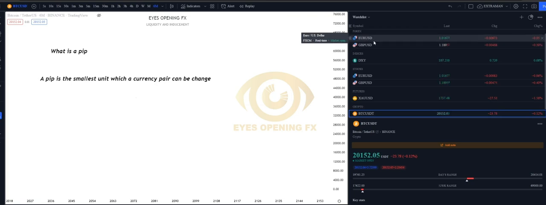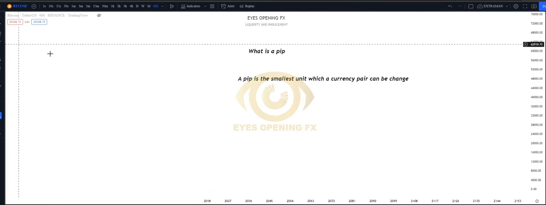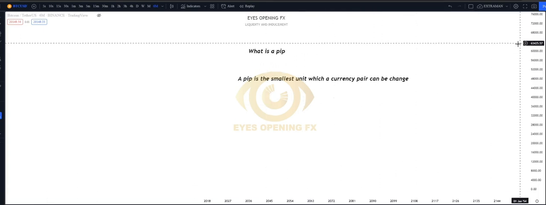Now, if you talk about Euro USD, it has its own particular level, Euro against the US dollar.